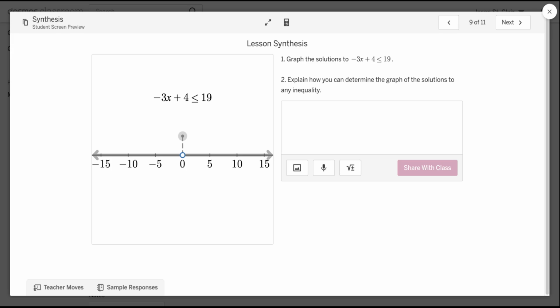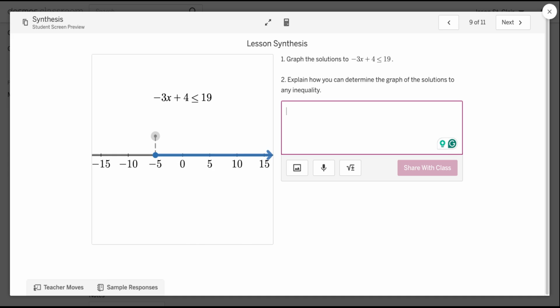Divide both sides by negative 3. X is going there. Negative 5 is going to go here. And then I just have to remember to flip the sign because we divided by a negative. I'm going to place my circle on negative 5. I'm going to make it a closed circle because we need to include it. It is greater than or equal to. So that means closed circle to the right.